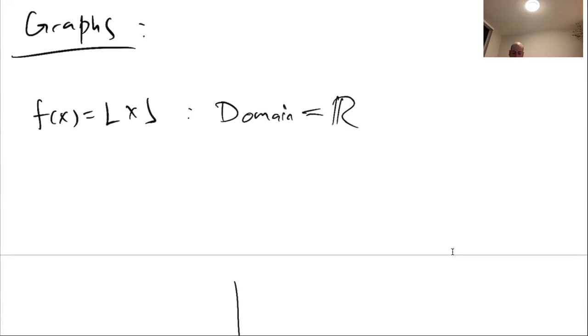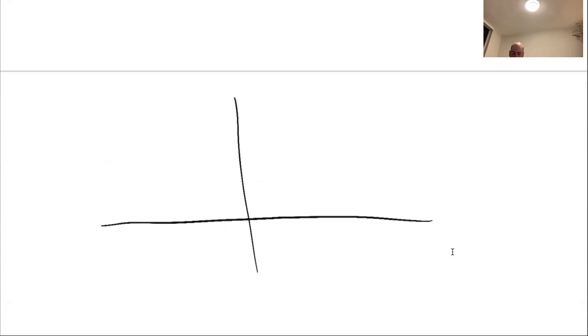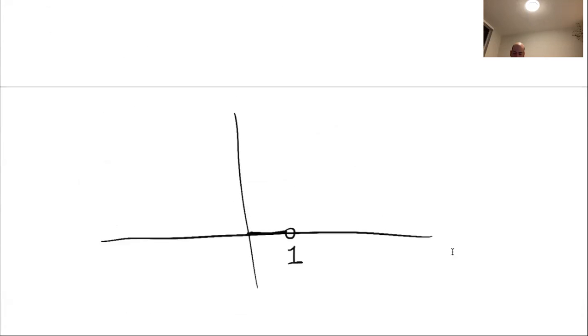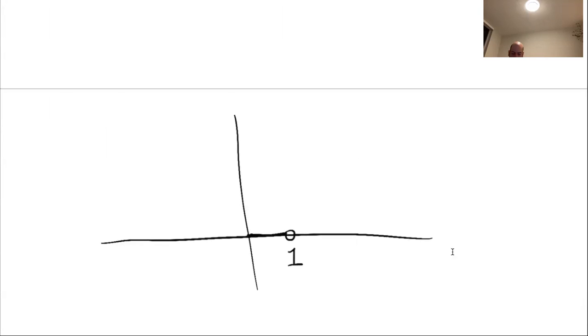And then we can look at the graph. So if x is between 0 and 1, floor of x is 0. The floor of x is equal to 0 if x is between 0 and 1.